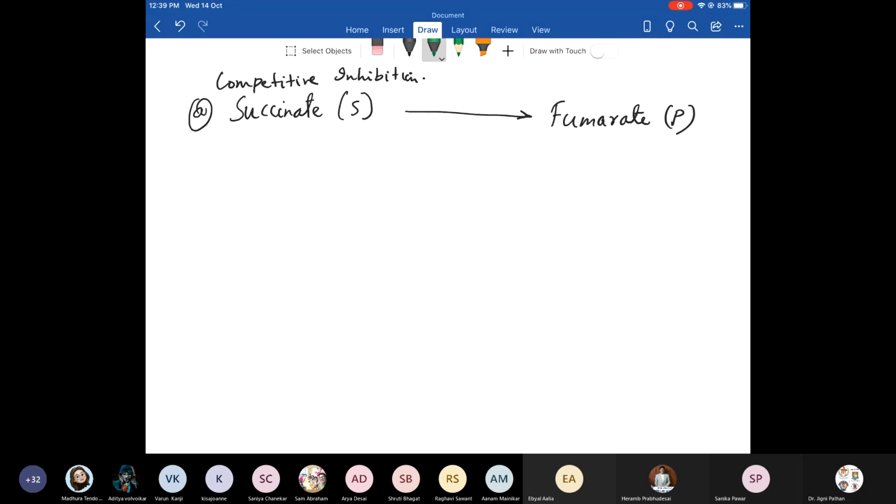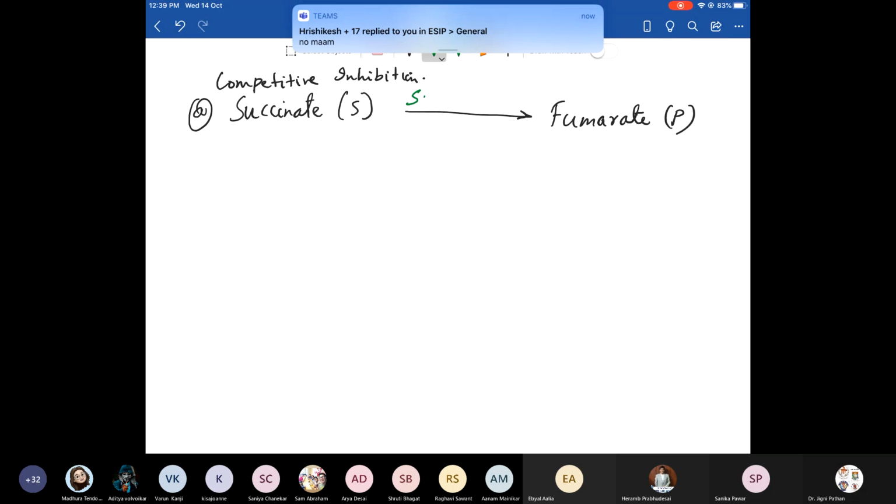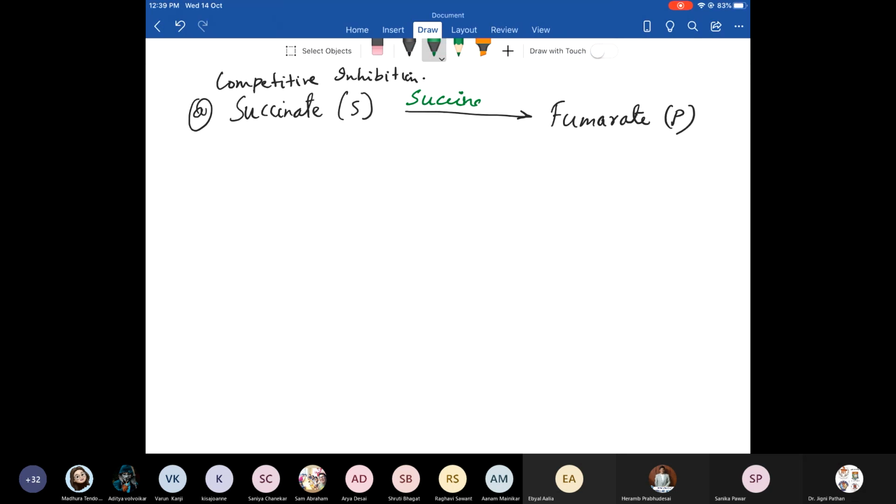Here, succinate is a substrate, fumarate is a product, and succinate dehydrogenase is the enzyme.